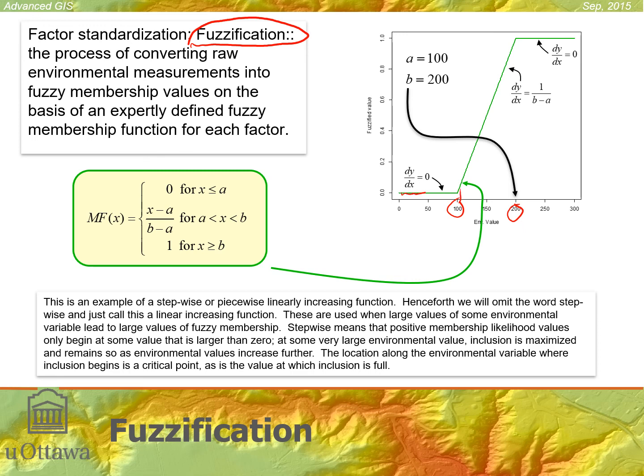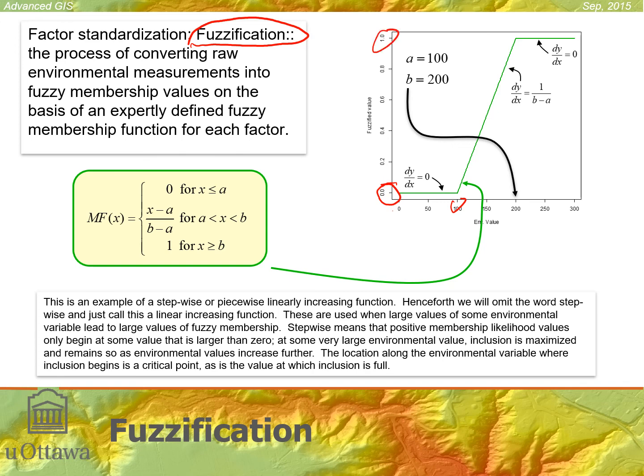So this region, 0 to 100, has a slope of 0. And so does this region from 200 onwards. The difference being, of course, that between 0 and 100, the membership for Kudzu suitability is 0, and 1 from 200 on.